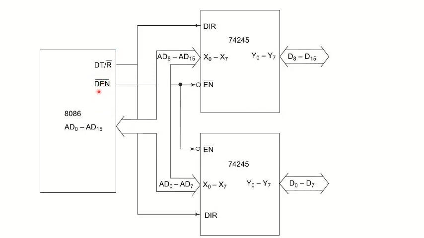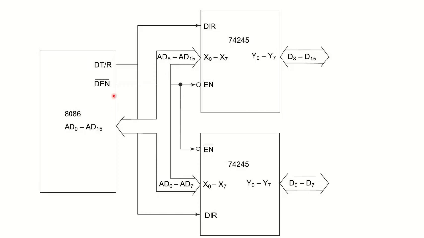DEN bar stands for data enable, whenever data is available to transmit or receive. As I have just discussed, this is a bidirectional buffer. Why is it bidirectional? Because data can be transferred from microprocessor to this buffer, and from this buffer to the microprocessor.